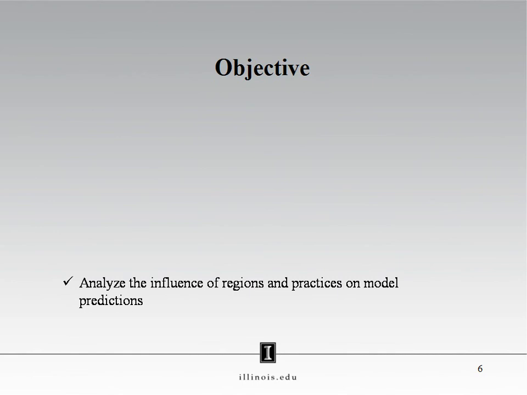Then we simulated these scenarios using 2 process-based models, which are RUSLE2 for predicting soil erosion rate and soil conditioning index, and surrogate century model for predicting soil carbon sequestration rate. Finally, we analyzed the influence of the regions and practice on the model prediction.